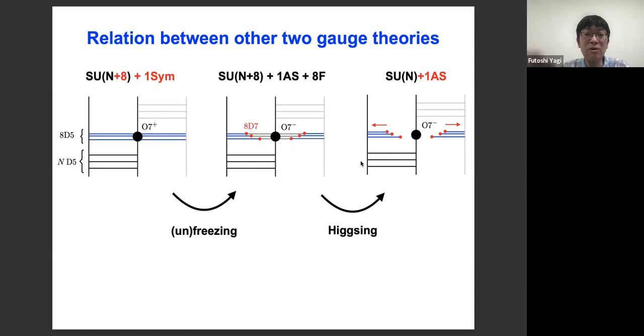So if we compare such things, we expect some kind of equivalence between this SU(N+1) symmetric and SU(N) with 1 antisymmetric at the level of various quantities. So this is another kind of equivalence between two different theories. This time we tune the location of D5, which is to tune the vev of Coulomb moduli.